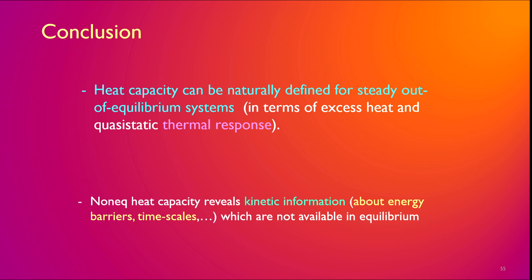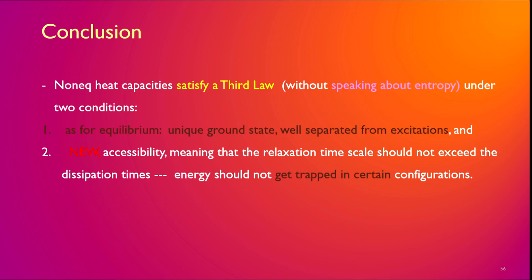Okay, we understood that the heat capacity is a thermal response of the given system, and it's looking at the excess heat. And we understood that non-equilibrium heat capacity gives us information related to kinetics, which is new. And we understood about the third law, that it can be satisfied under two conditions.